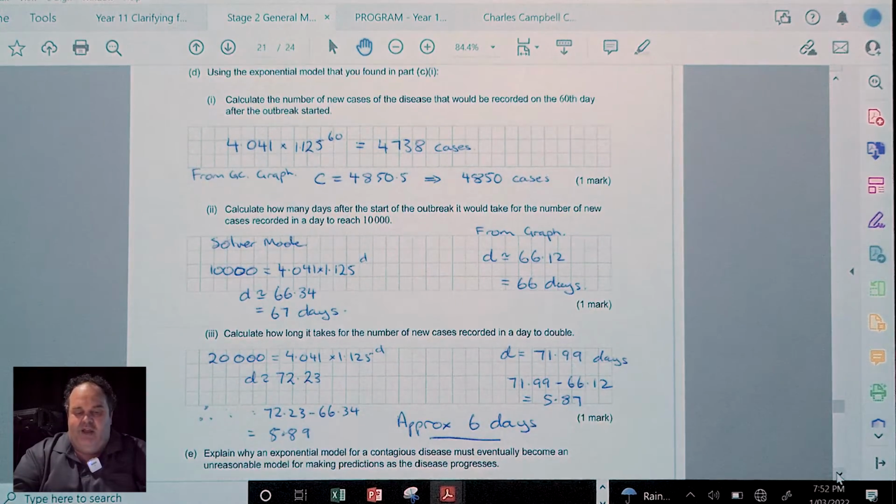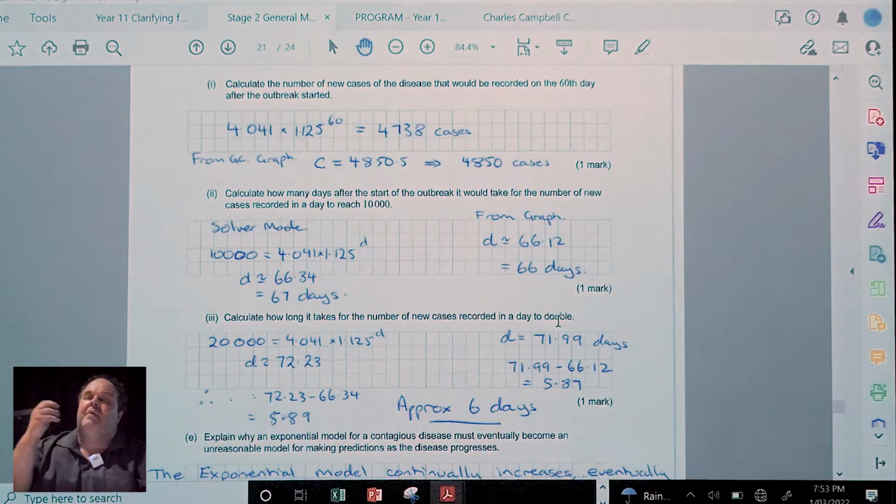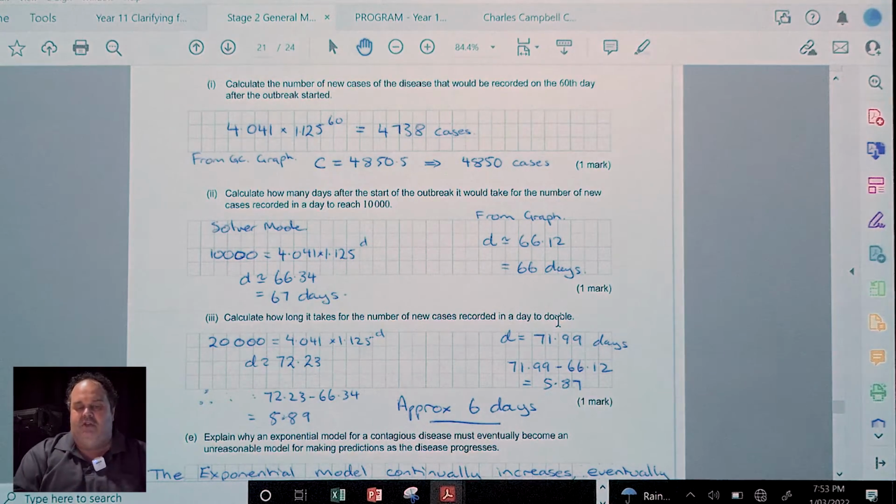Part 3 was a little bit of a new type of question. We haven't seen this sort before. They're just saying, how long does it take for the number of new cases to be doubled? Now, the key is we're basing it on the model that we've come up with. So if I'm going from the start, I'm going from 4 to 8. Or I could use the 10,000 that I had here and double that and get 20,000.